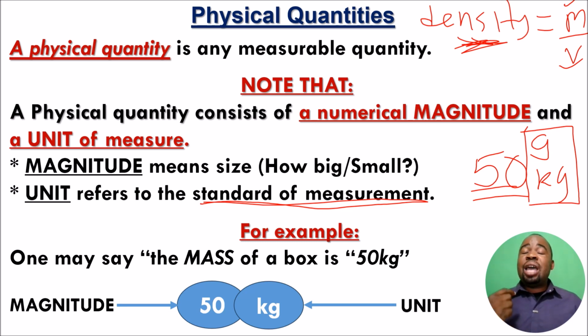They give the actual magnitude, size to the numerical number. So a numerical number on its own cannot describe a physical quantity. So for you to describe a physical quantity, you should put a number representing the size and a symbol for the unit of measure representing a standard of measurement.